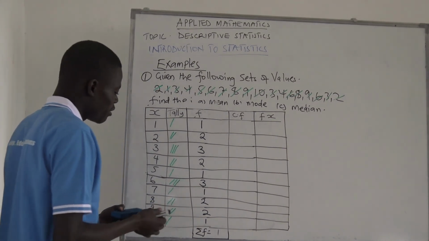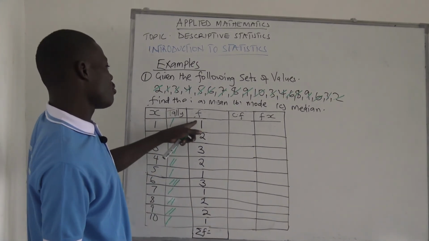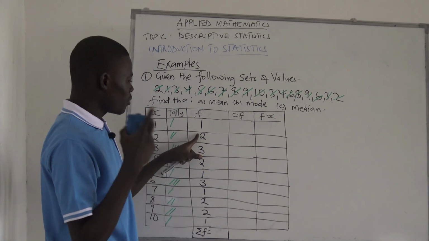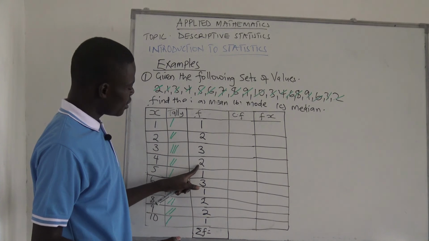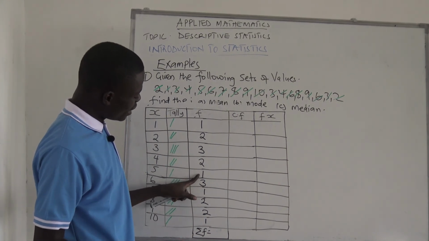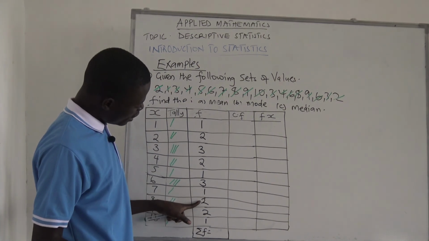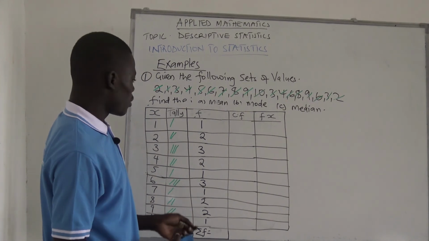So when you are summing the frequency, what do we have? We add from the first step to the last. So we have 2 plus 1 gets 3, plus 3 is 6, plus 2 is 8, 9, 12, 13, 15, 17, 18.